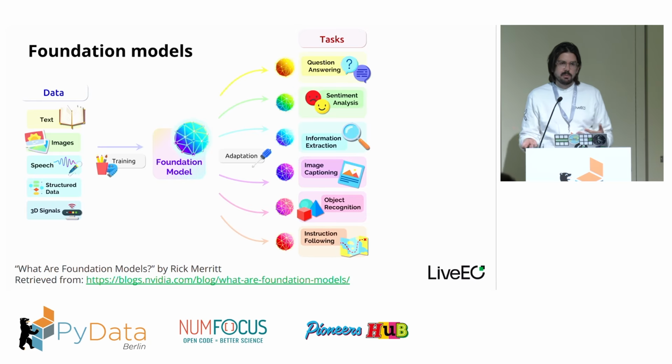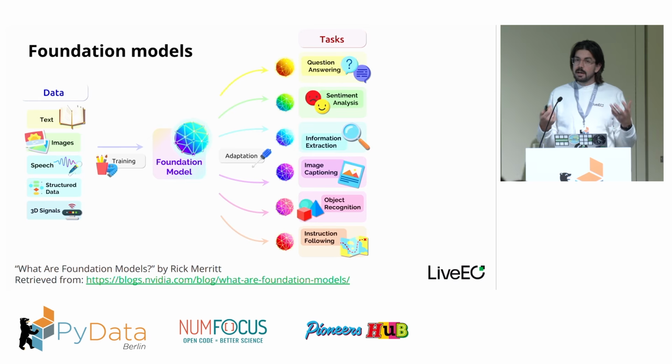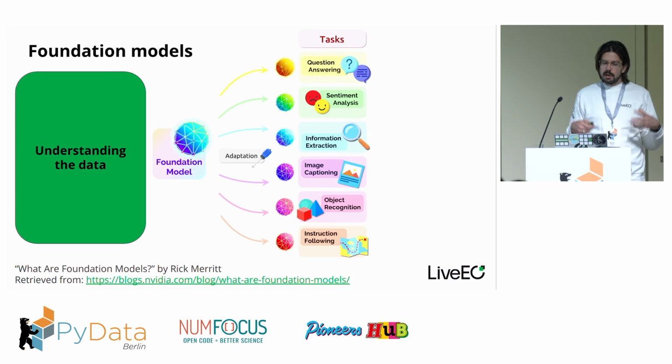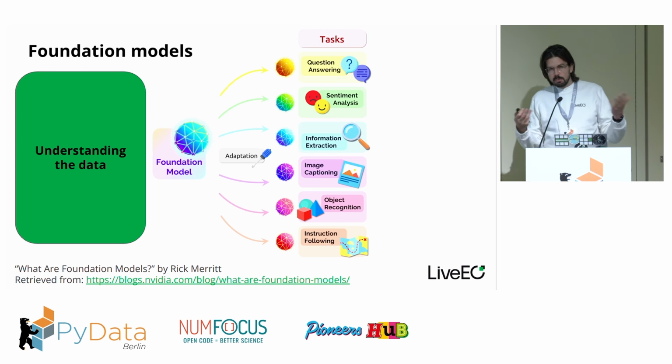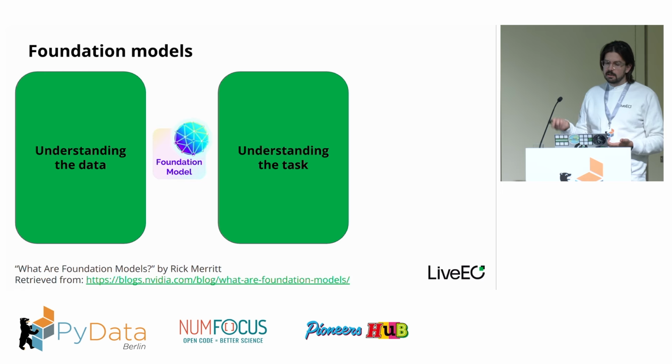What you do with foundation models generally is you train a big model on a large corpus of unlabeled data, and basically in this step, you teach your model how to understand the data. And what you then do is you take your model and you adapt or fine-tune it downstream for a lot of different possible tasks, and then you fine-tune your model to understand your specific task.